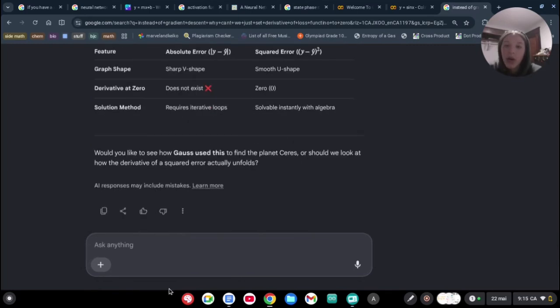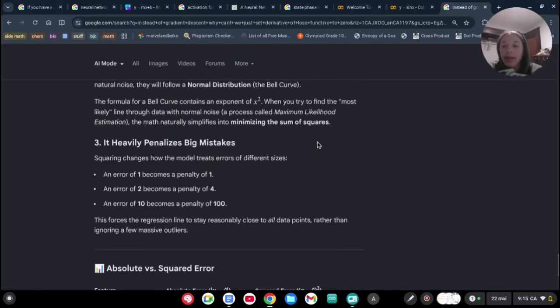Oh, I guess this is important. Yeah, so I guess the bigger your error, the even bigger the penalty, so it penalizes big errors.